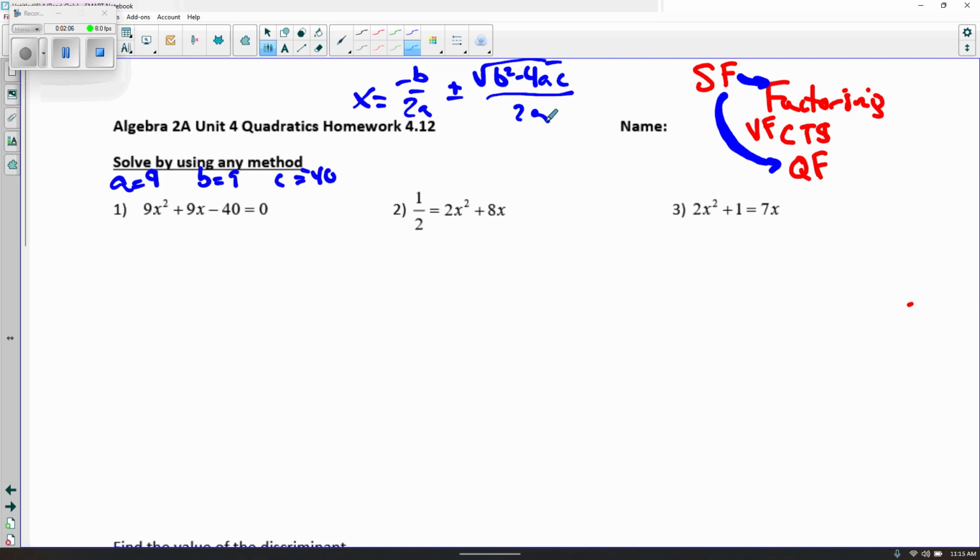There you go. Guys, that is half the battle. I have students who don't know that. You need to know that. You're going to have to know it for this test.